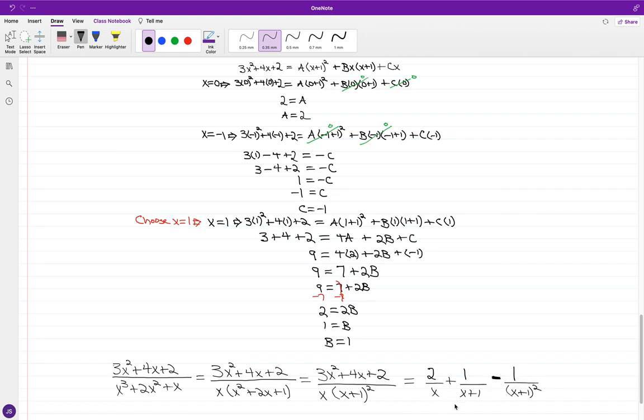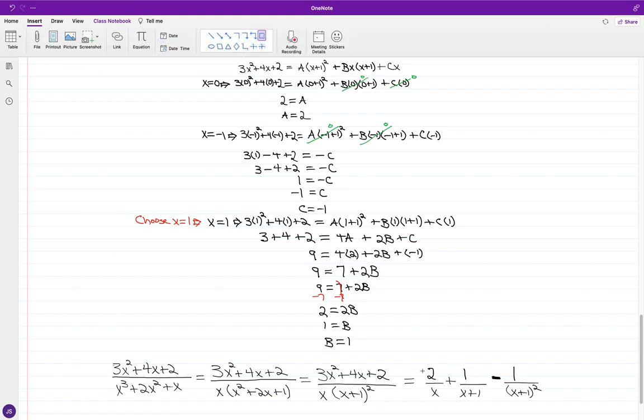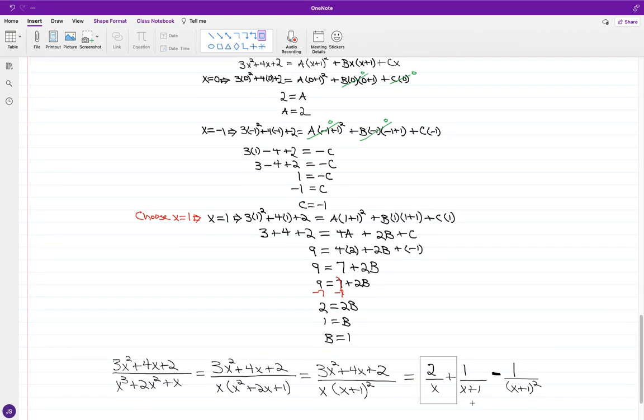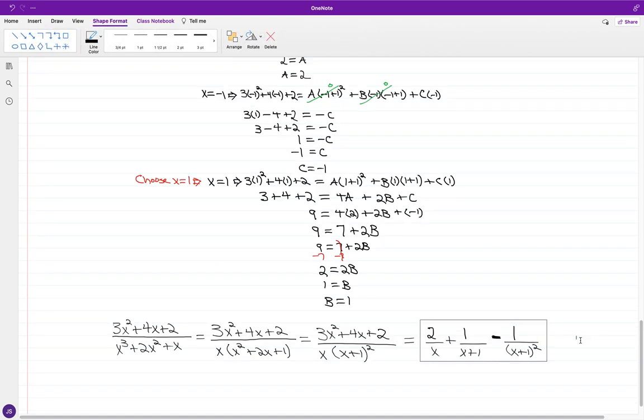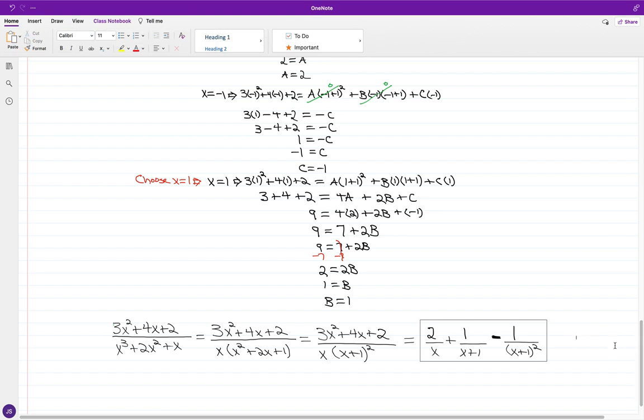So we got 2 over x plus 1 plus 1 over the square of x plus 1 minus 1 all over the square of x plus 1. So those would be your partial fractions, 2 that are positive and 1 which is negative. And this is what we have for the case of partial fraction decomposition.